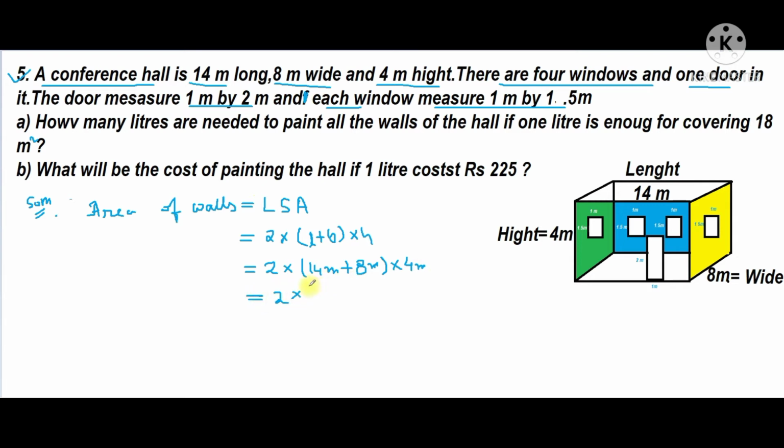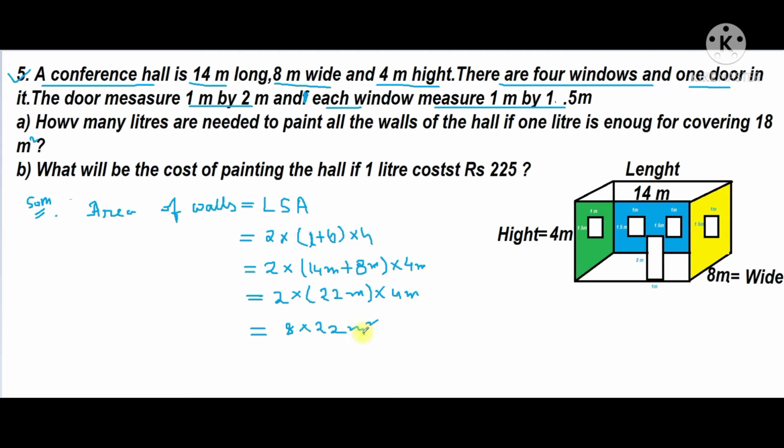So 14 plus 8 is 22, and then I will write 4 here. Now 4 will multiply with 2, so 4 into 2 is 8, and this 22 will multiply with this 8.